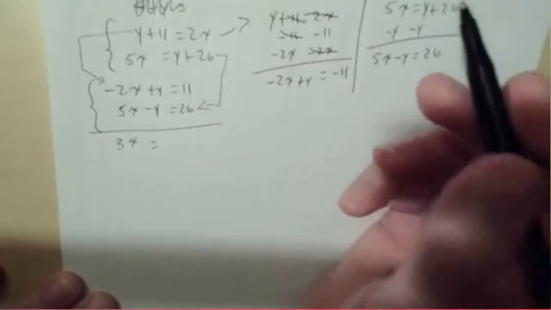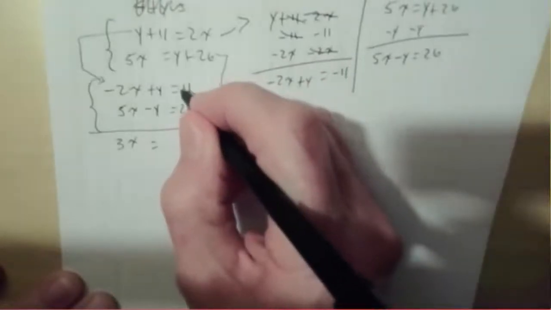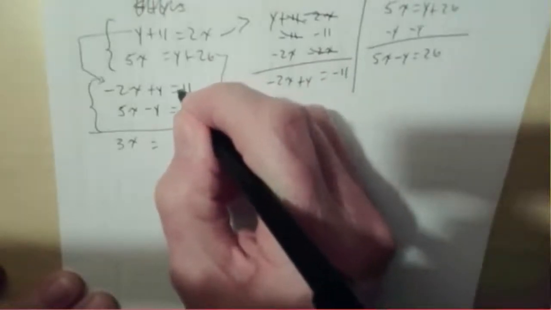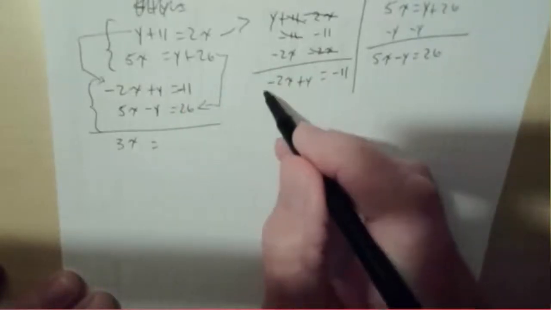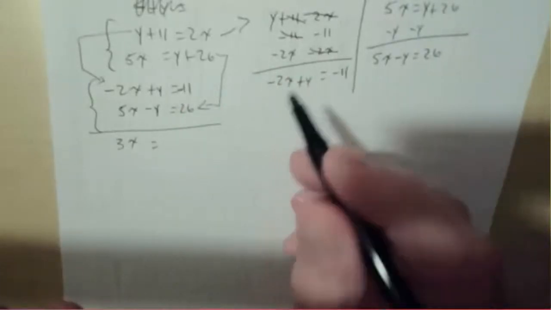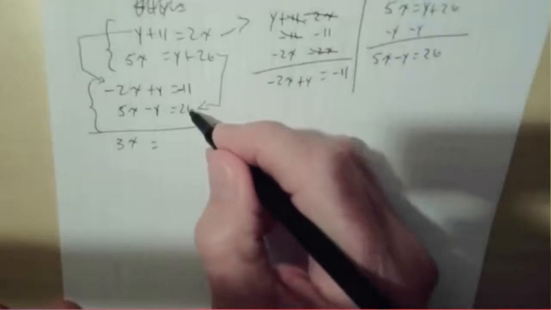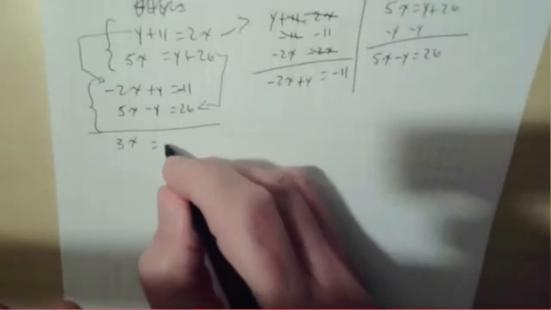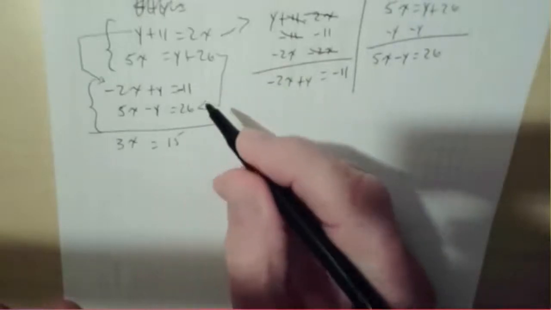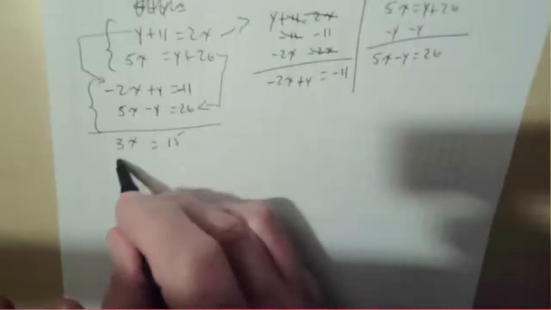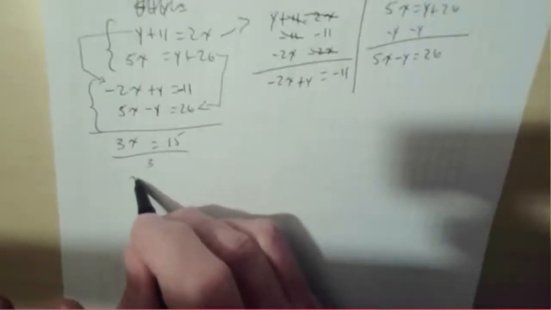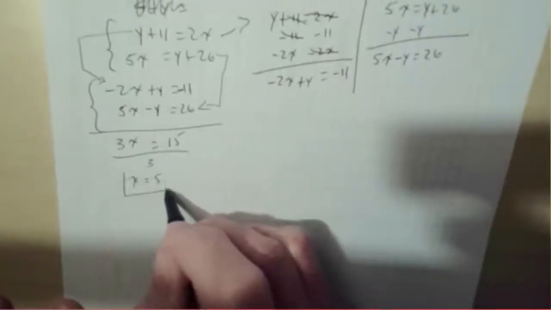Doggone it. What does it matter? Oh, equals negative 11. This is negative 11. Sorry, I'll do better. Okay, so 26 minus 11 is 15, I think. And then we divide by 3, so x is 5.